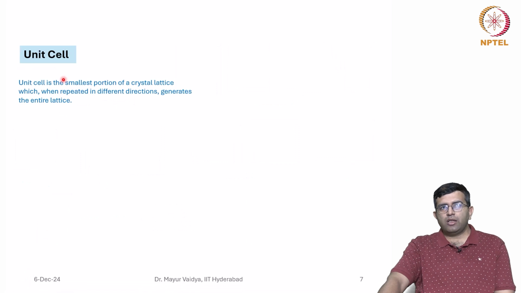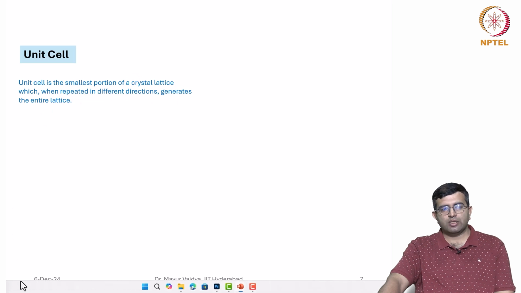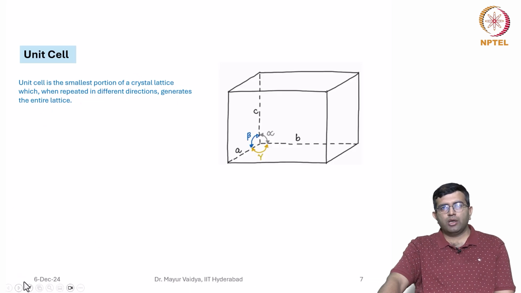The unit cell is the smallest portion of a crystal lattice, which when repeated in different directions generates the entire lattice. So, this is a typical cube unit cell. This is A, B, C, which are the unit cell parameters, and alpha, beta, gamma are the angles between these.